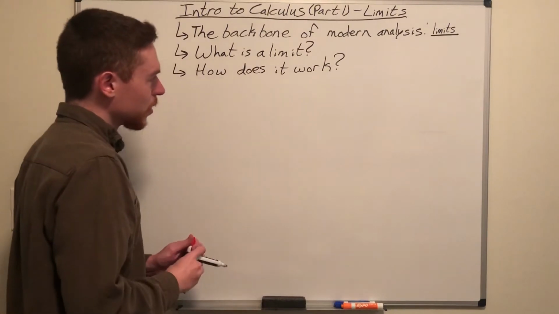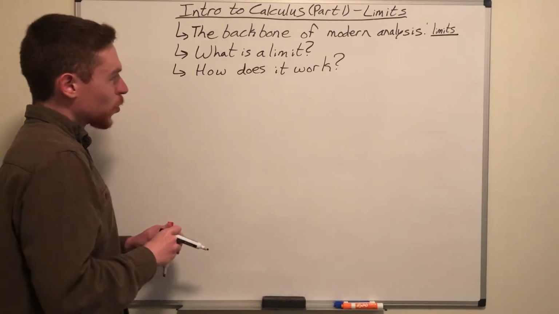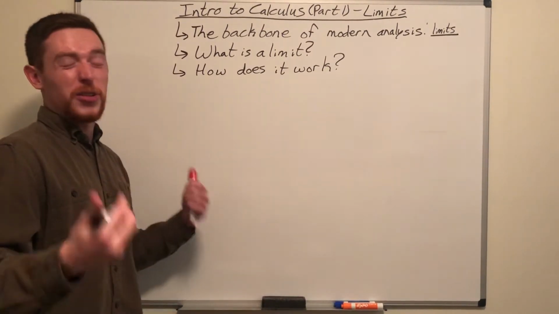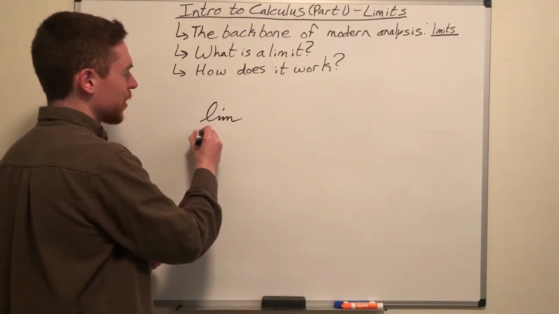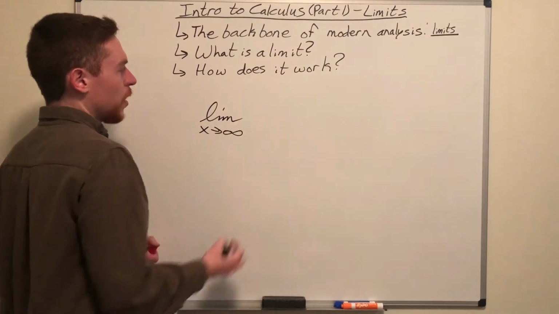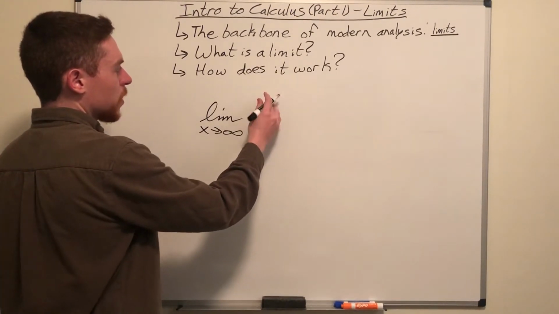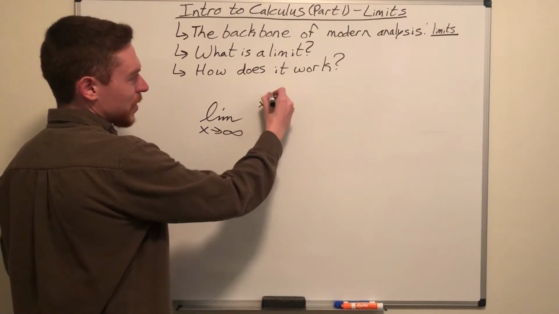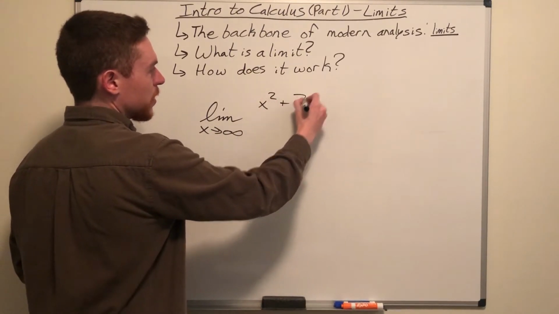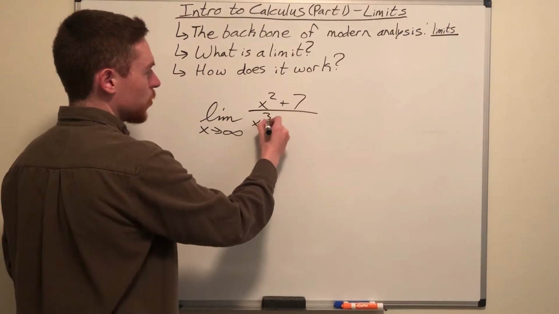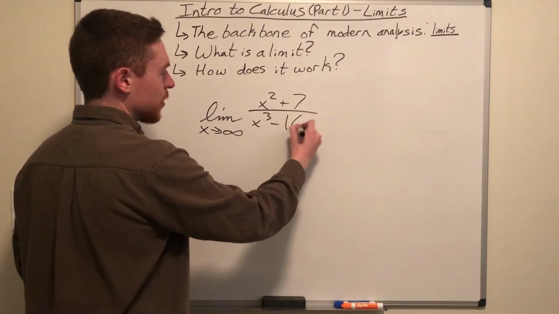Like I said earlier, limits at infinity really have a tendency to pick up what really matters and leave everything else in the dust. Consequently, let's imagine we have something like the limit as x goes to infinity of x squared plus 7 over x cubed minus, let's say, 16.